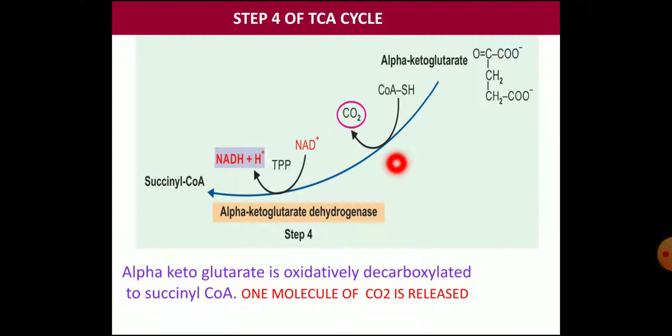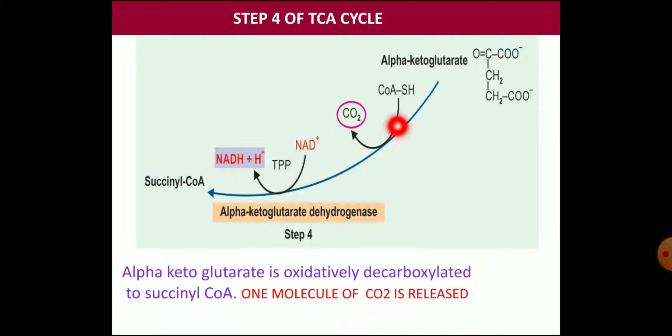So there is again an inhibitor acting, that is arsenate. Arsenate is acting as a non-competitive inhibitor for the alpha ketoglutarate dehydrogenase, and that also we have to mention while writing the reaction.